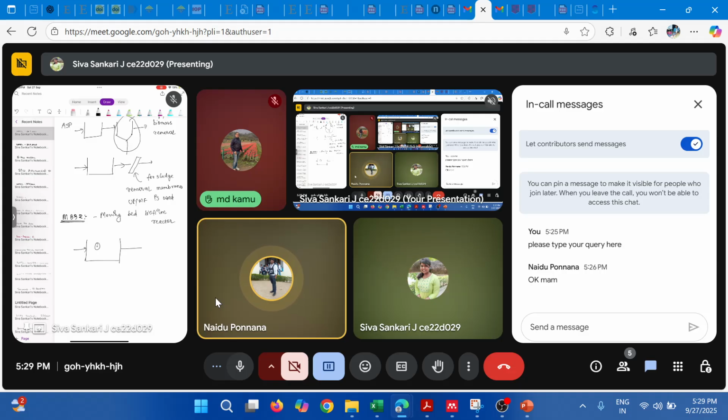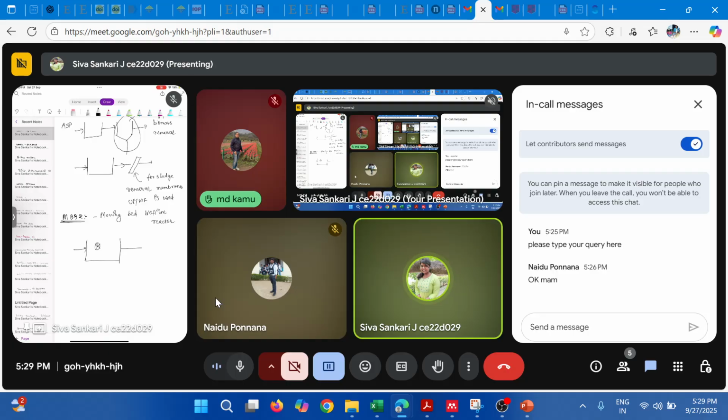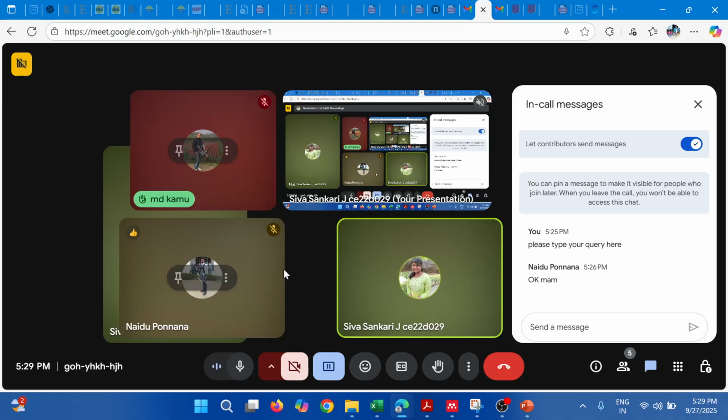Ma'am, you stopped your screen share. Please, can you check again? I'm sharing the screen already, my iPad screen, right? Yes, ma'am, it is already shared. Is it not visible? Now it's good. I'm sharing it already, Naidu. I think you have to check it.